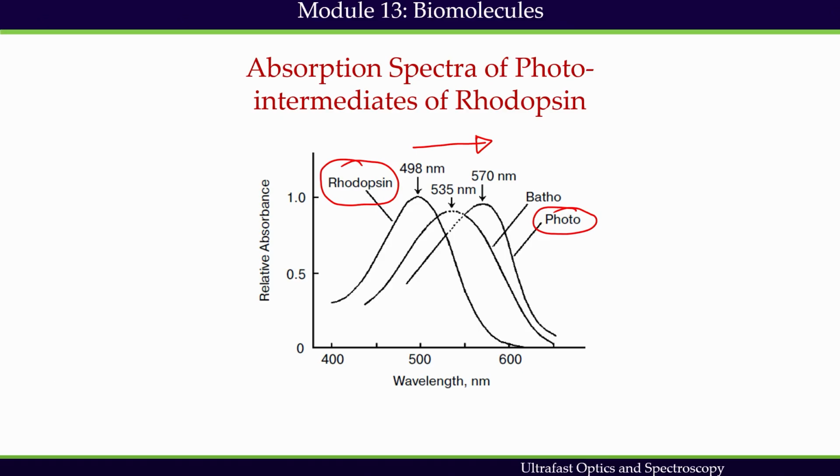If after photoexcitation we find that the product is absorbing at 570 nanometer, we confirm that this is the all-trans product. And if we are seeing absorption at 498 nanometer, it means that we have rhodopsin, which is cis. So this is your cis form and this is the trans form.